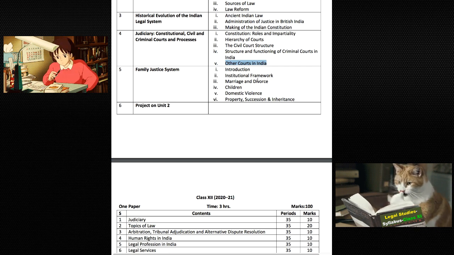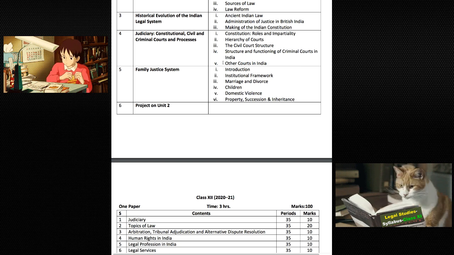It hasn't been given the power or role to decide criminal cases. For example, you can take the National Green Tribunal, as it resolves only environmental disputes. Okay, so we will check that under this heading.